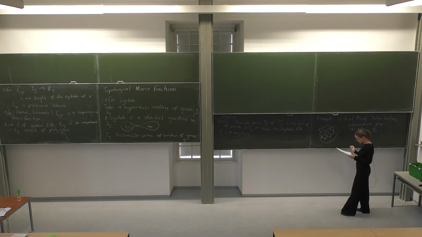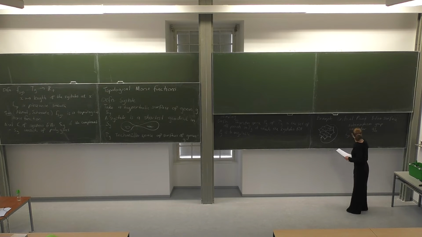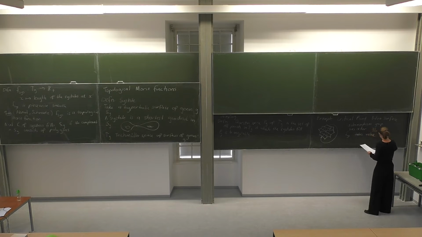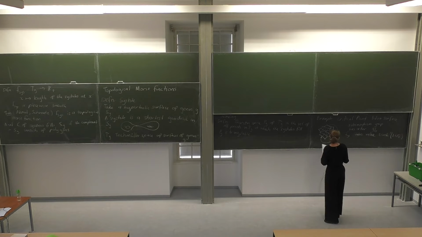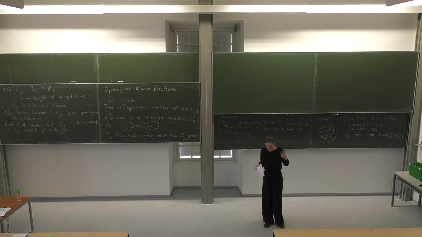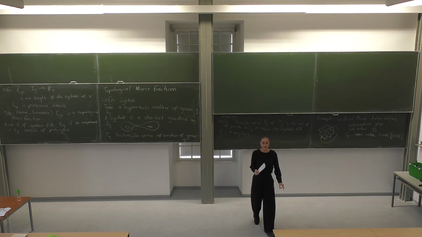And the systole function takes the value inverse cosh of 1 plus √2 at this point. So this is the most symmetric example of a surface in genus 2.